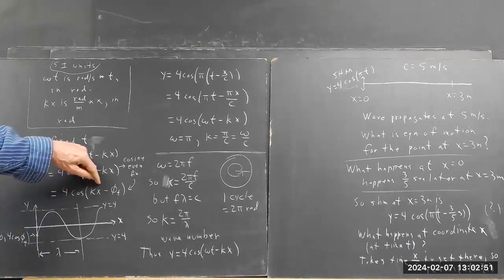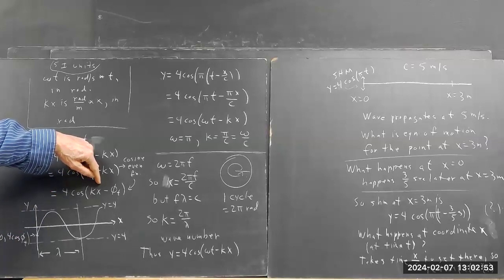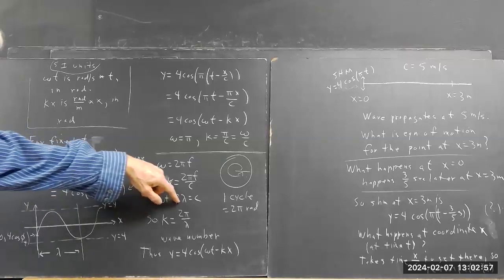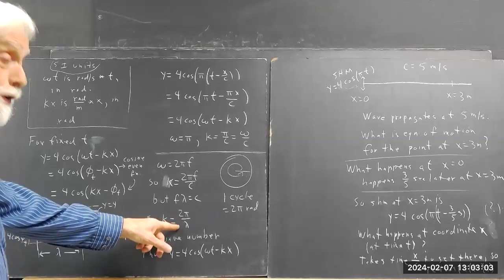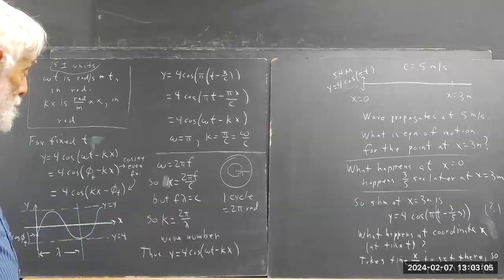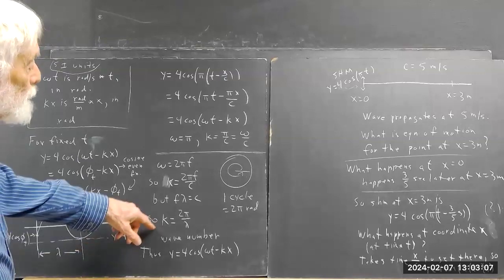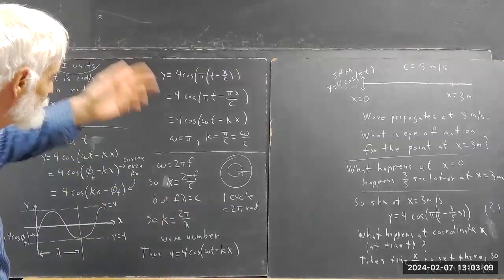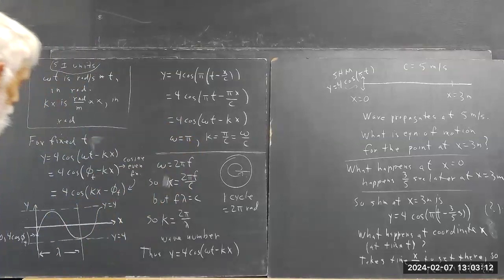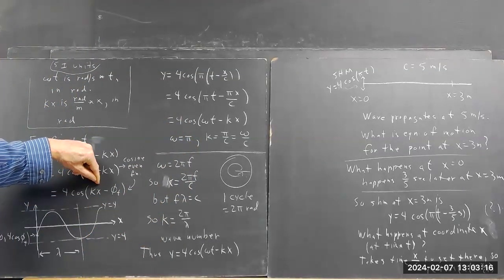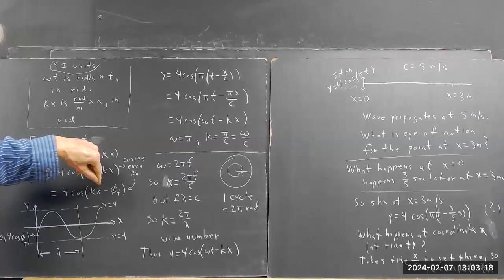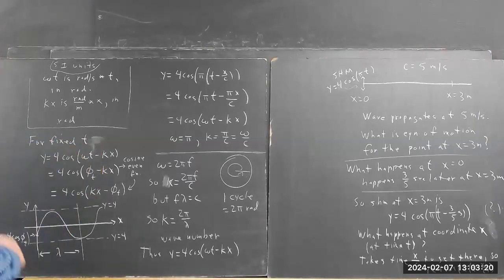Because if x changes by lambda, kx changes by, okay, it's 2 pi over lambda, right? k is 2 pi over lambda. The reason we call this a wave number, well, it's 2 pi over lambda. So if x changes by lambda, kx changes by 2 pi. So write that down.